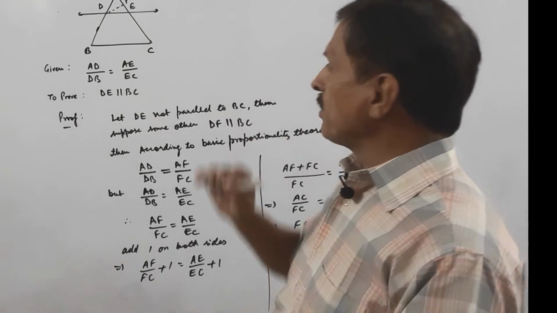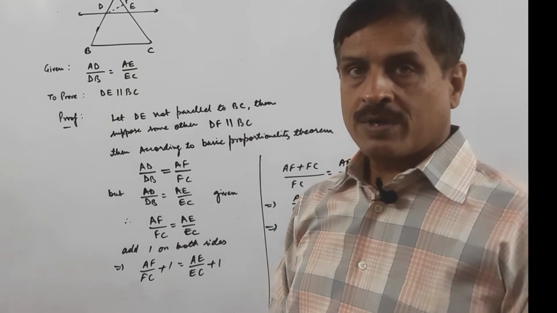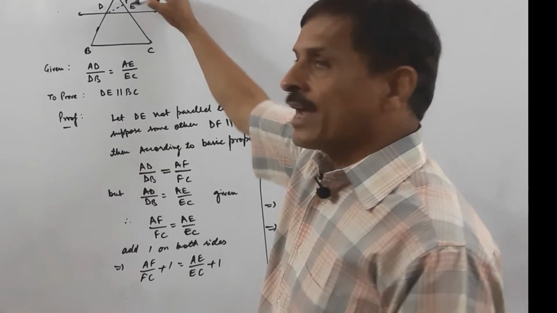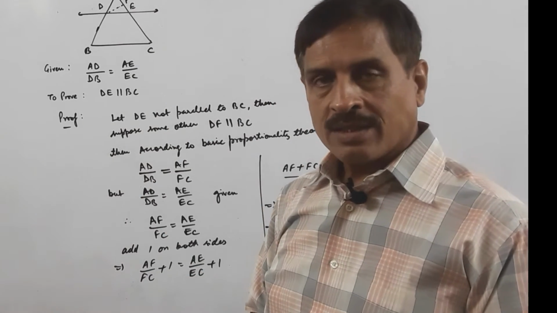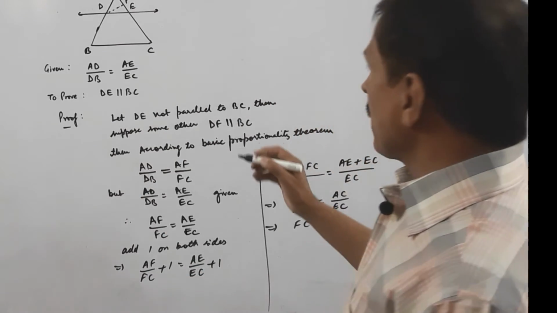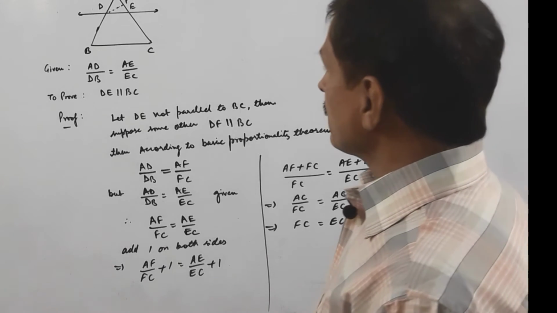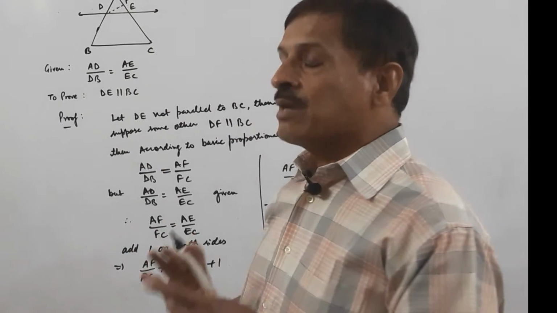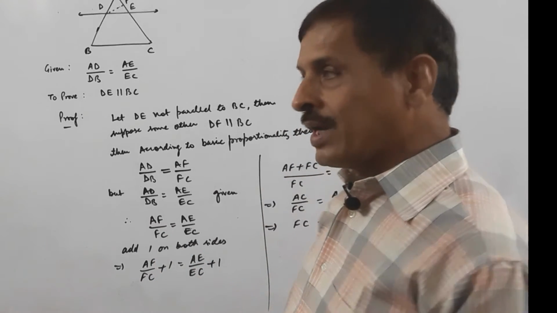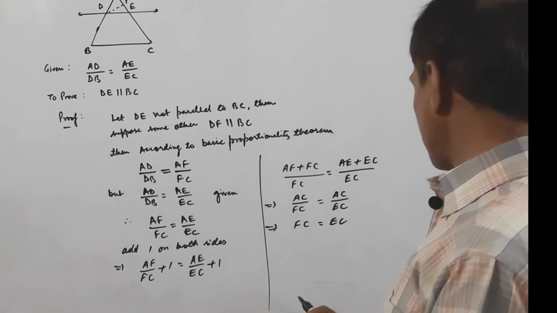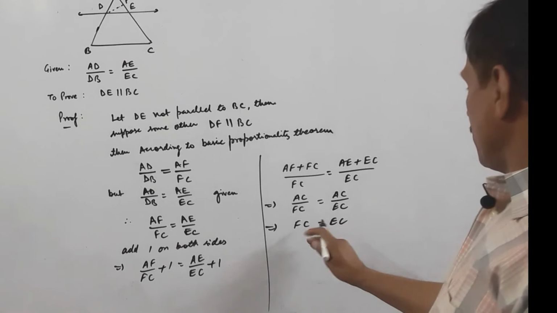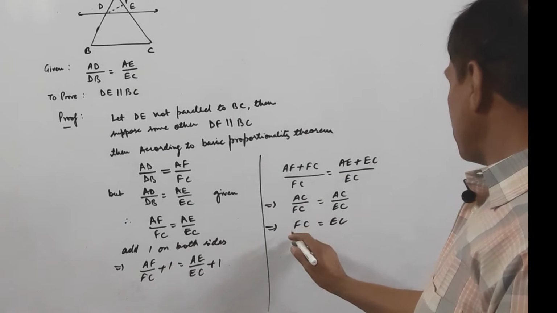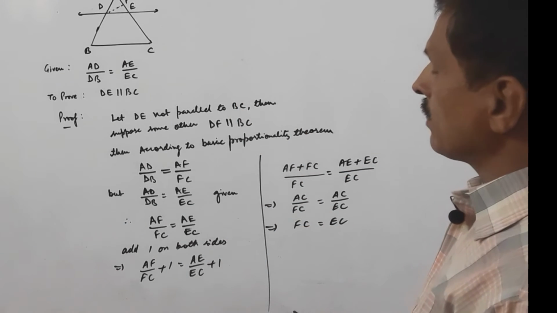FC is equal to EC is possible only if the points E and F coincide. It means E and F are the same points. Only in this situation, this FC and EC may be equal.